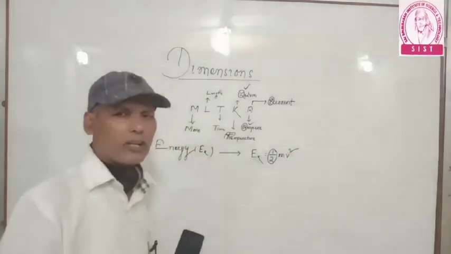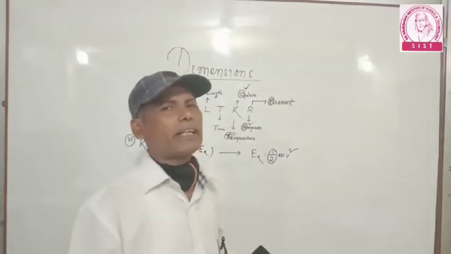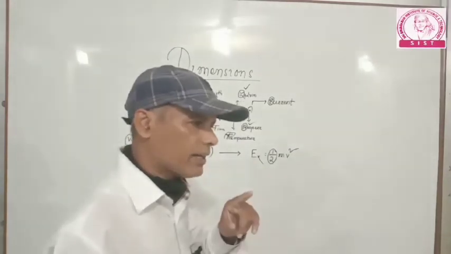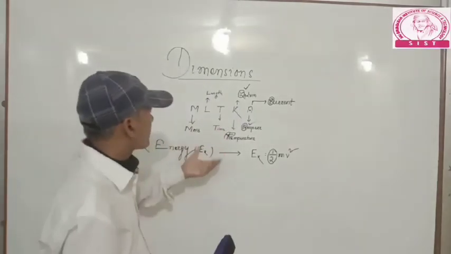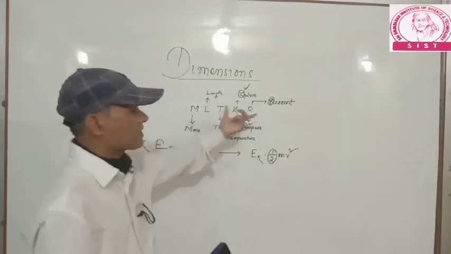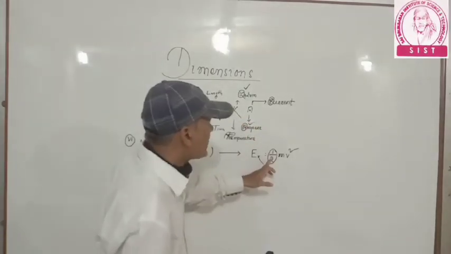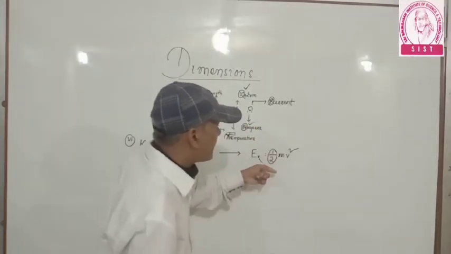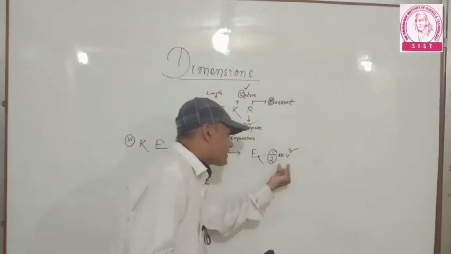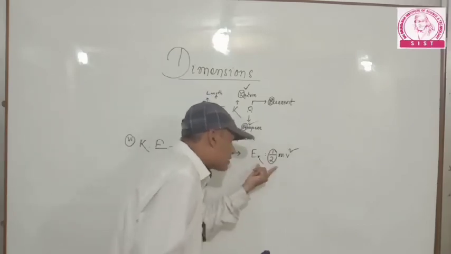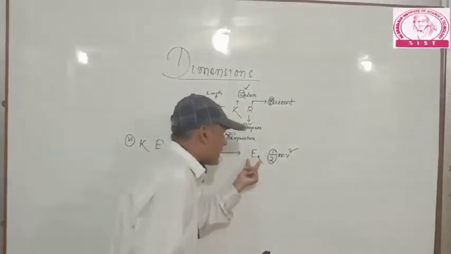A constant can never be represented by dimensions. So we have to neglect whatever is the constant. We have to focus on the physical quantities used in this equation to represent kinetic energy, not the constant.